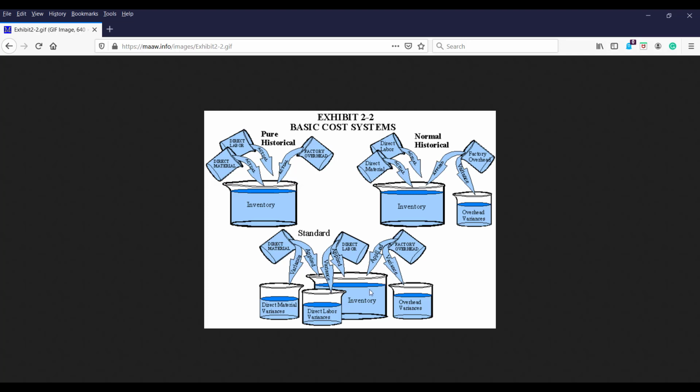In standard costing, our journal entries allow us to do the same idea. We're applying direct material, direct labor, and factory overhead at a standard basis to WIP, and we're accumulating the variances in these other pools, these other accounts, which allow us to measure those and make decisions based off of those.